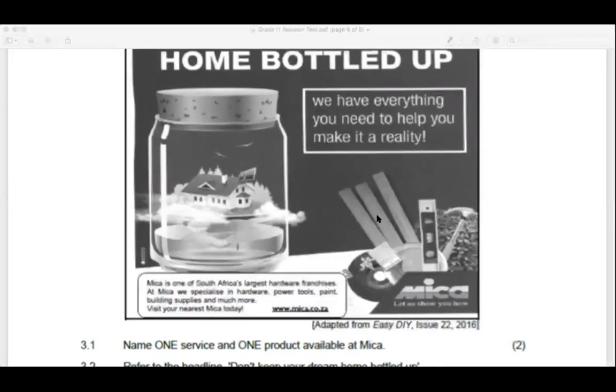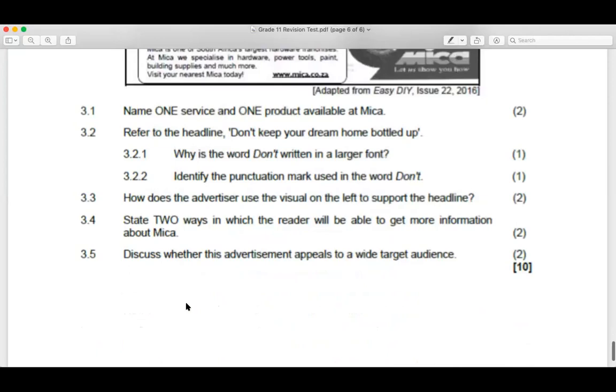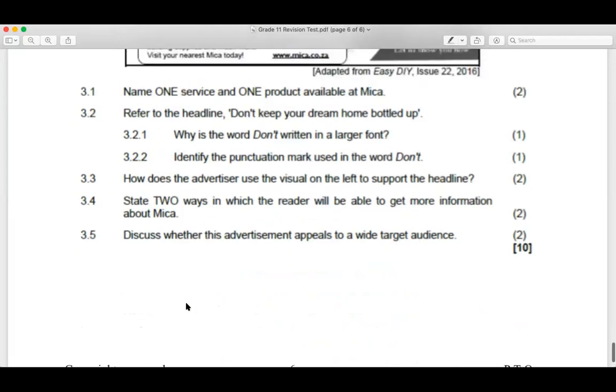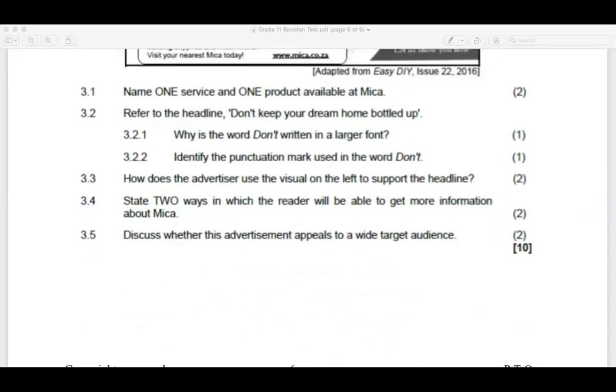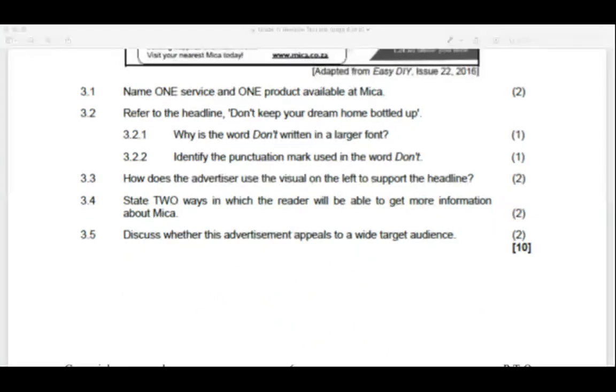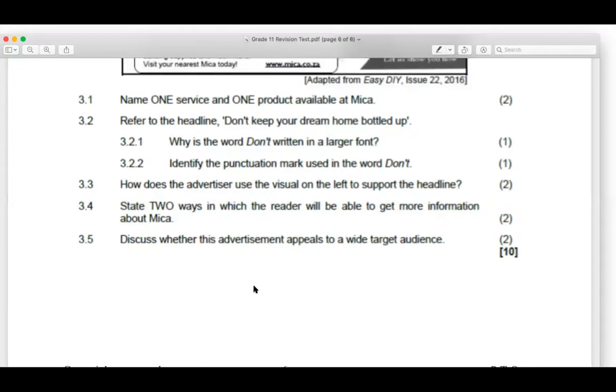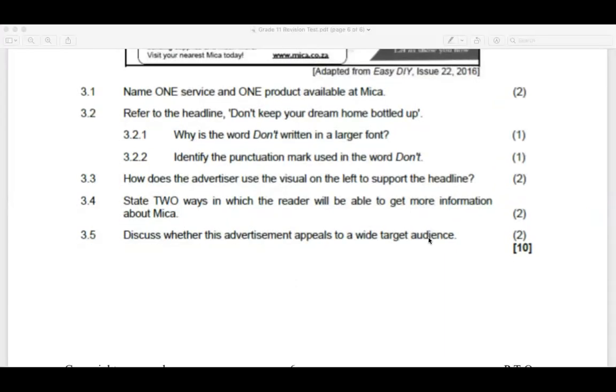Then 3.4 states 2 ways in which the reader will be able to get more information about Micah. There are your 2 ways: by visiting the nearest Micah store, or by visiting their website. Last question, discuss whether this advertisement appeals to a wider target audience. I think that's another open-ended question. You may talk about it like that.